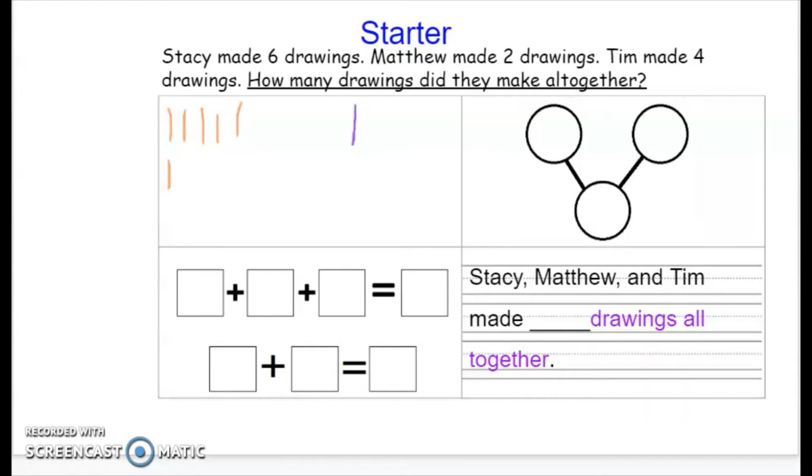So let's go ahead and draw 1, 2, and Tim made 4 drawings. 1, 2, 3, 4. Great. Now talk with a friend or a family member about which strategy you would use to solve this problem. Then we will do it together.